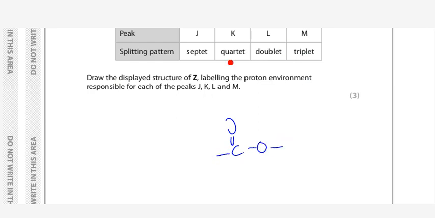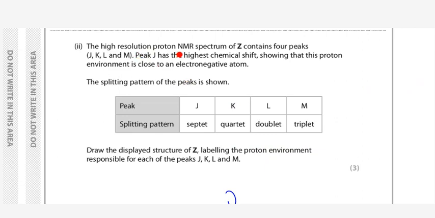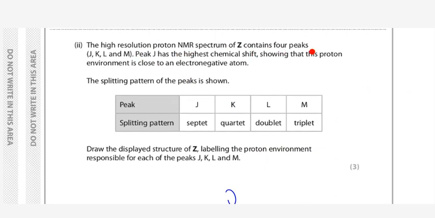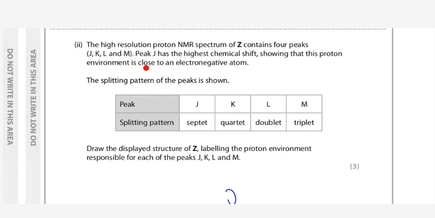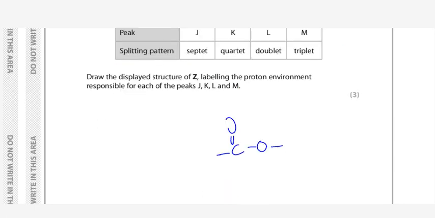You have J, that's an important clue there. J has the highest chemical shift, showing that this proton environment is attached to an electronegative element. So that means this has to be the J part, this carbon over here. The carbon next to the carbonyl group is not so electronegative, because oxygen is more electronegative than carbon.